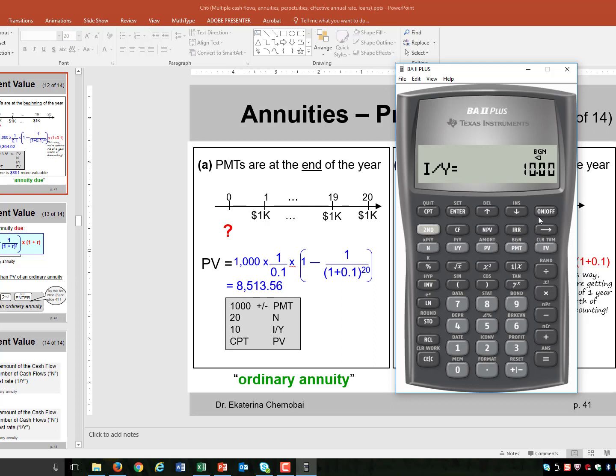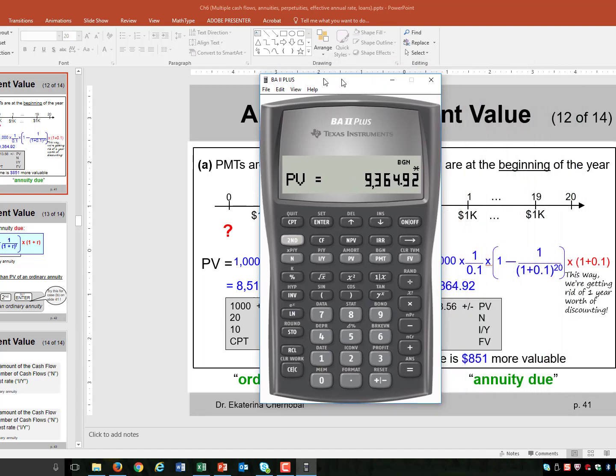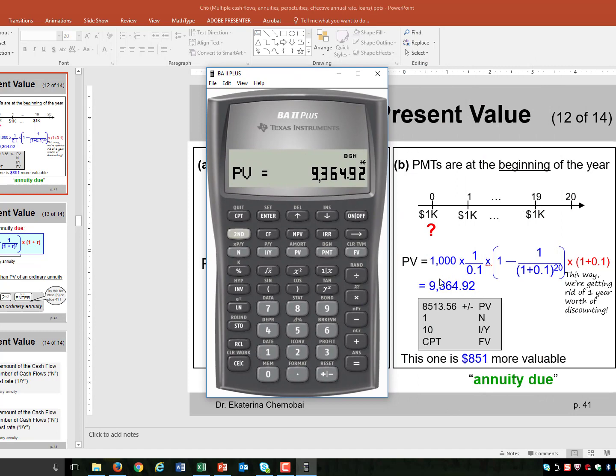And with this information, we wanted to compute the present value. But look at what the display gives you. It doesn't give you the answer for case A. It gives you the answer to case B, right? 9,364.92. And that's because you told the calculator before you put in all these numbers that we are going to be now in the begin mode.